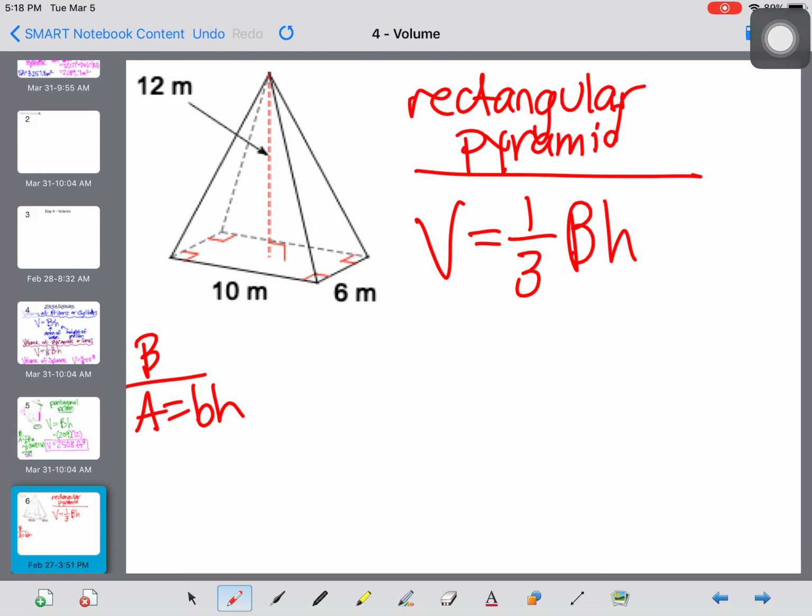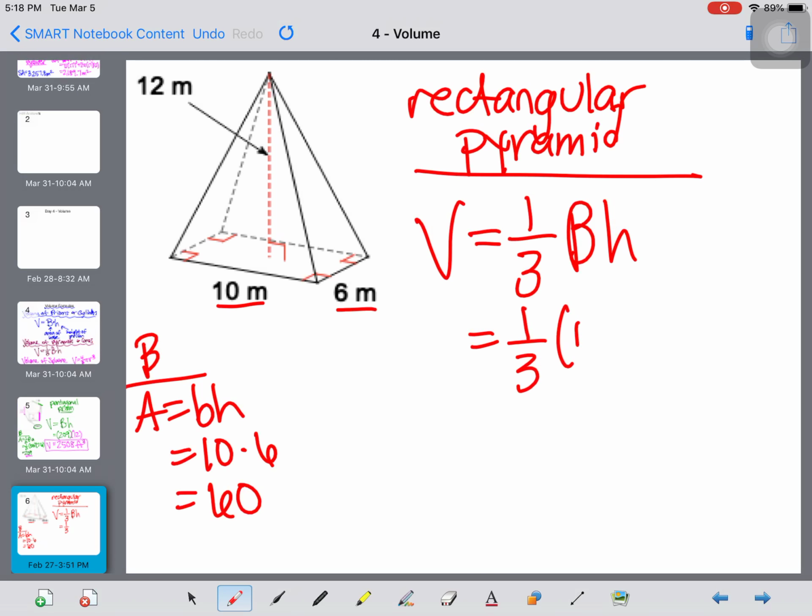To do the area of my base then, the base has dimensions of 10 by 6. So the area of the base is 60. When I plug that in, I then need the height of the actual pyramid, which is the 12. The distance from the bottom to the top of the pyramid is 12.